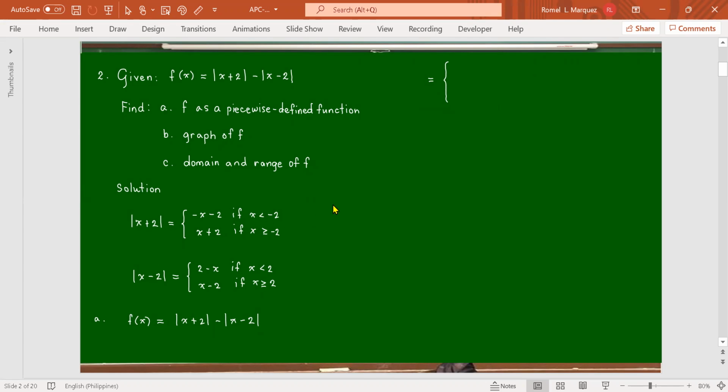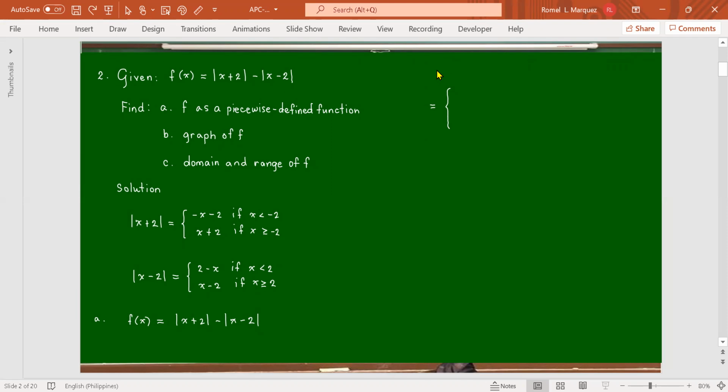So the first interval that we're going to have, let us have a guide. I think the guide will help us. Let's determine the critical numbers of absolute value of x plus 2 minus the absolute value of x minus 2. So when we say critical number, the zero of absolute value of x plus 2, it is 0 when x is what, guys?